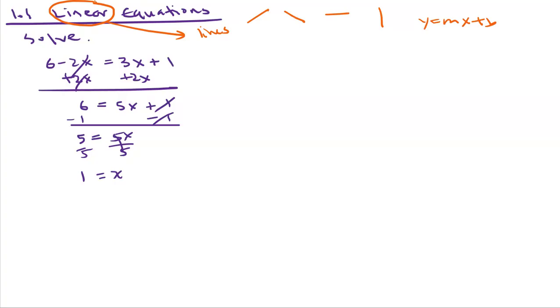So when we look at this equation here, how many equations do you see? There are actually two. Very good. You have y1, which is equal to 6 minus 2x, and then you have y2, which is equal to 3x plus 1.